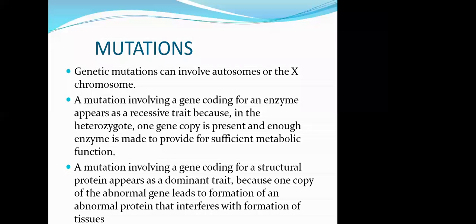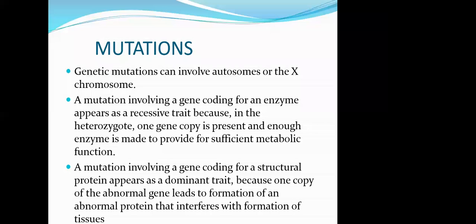So these mutations, which we said were alterations to normal, can involve autosomes or the sex chromosome, but commonly the X chromosome. So a mutation is alteration from normal. And as you saw, these alleles are two, and there are those genes that appear as a recessive trait.